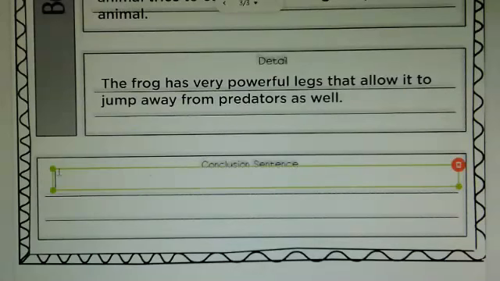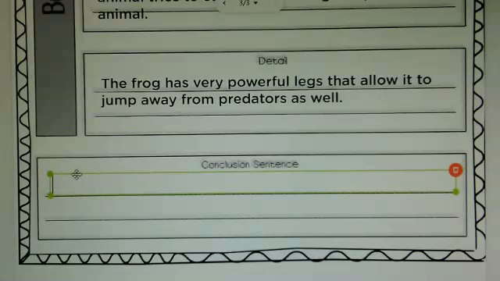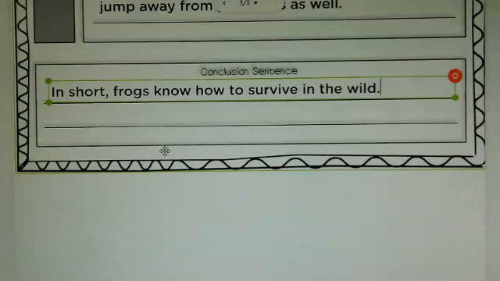Remember, a conclusion sentence in your paragraphs closes up your thinking, and we have our conclusion sentence starters that we can use. I'm going to need to think on this one, so I'm going to pause my side of the video.